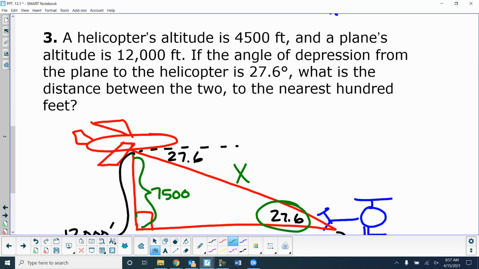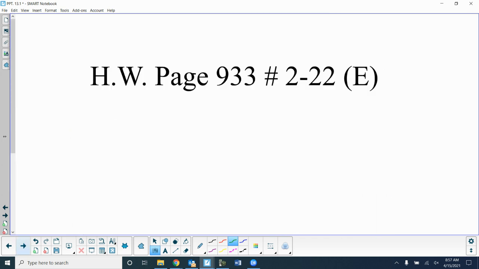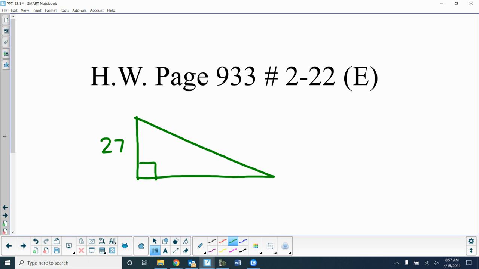So we have this picture, Andrew, and everybody else. And this is 27, and this is 123, and this is 120, and here's theta. So what's the sine of theta, Andrew?